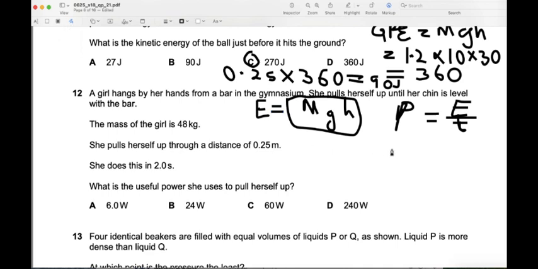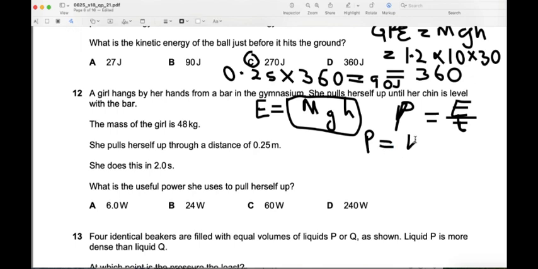Is that okay? So here we just substitute the values. We go straight once and for all. We say P is equal to the energy, mgh.